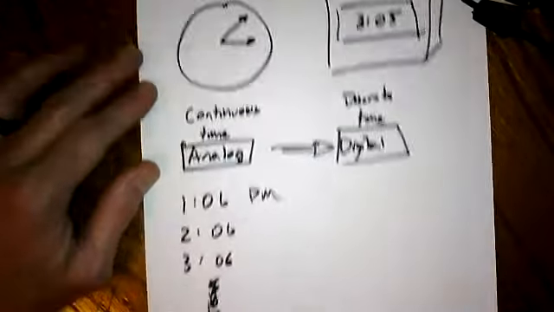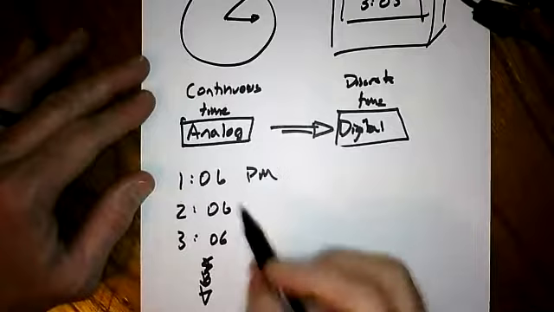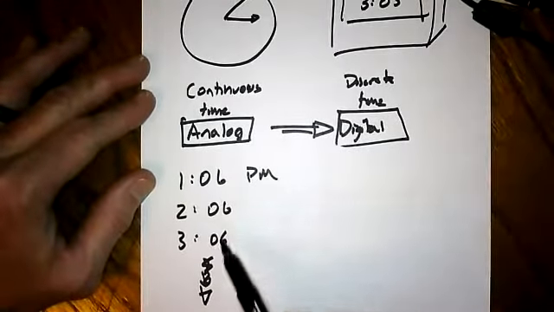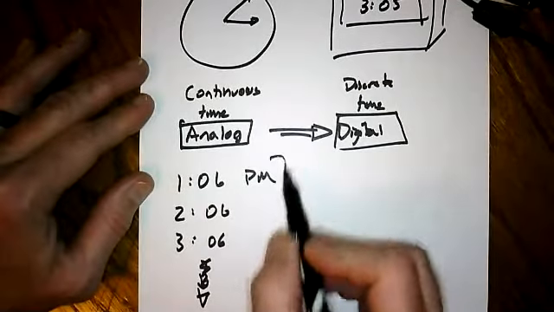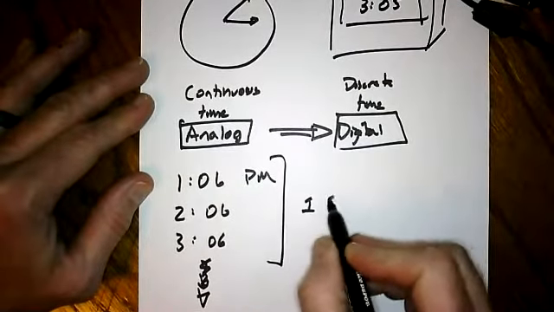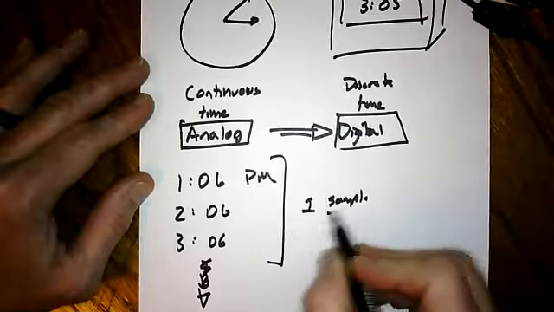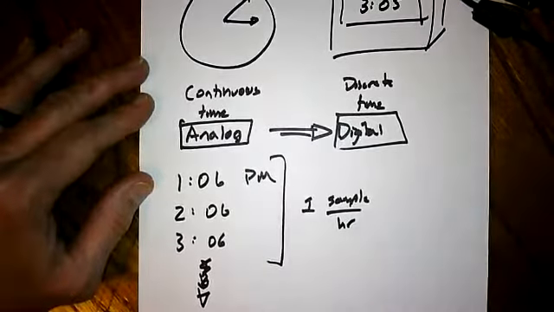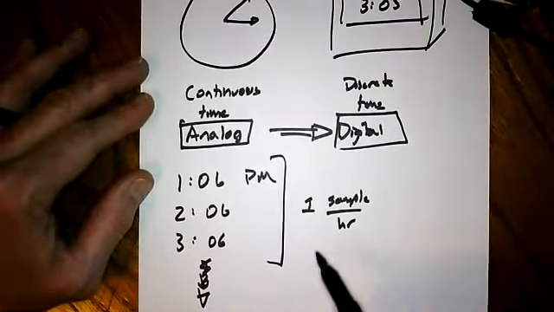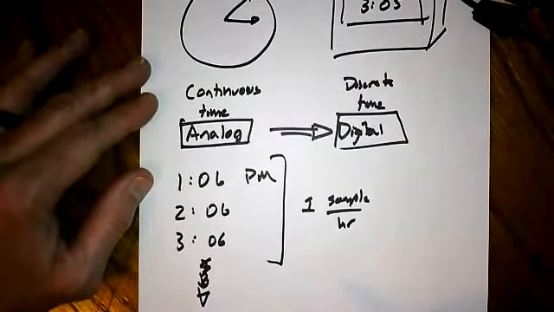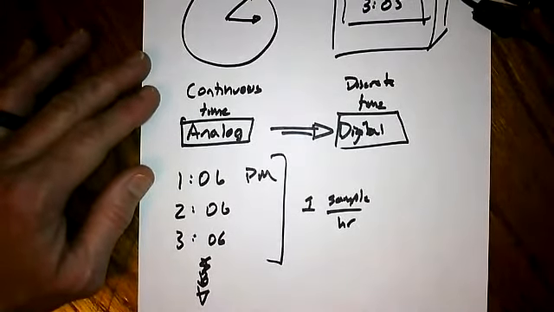That's supposed to be a squiggly line. That's all the digital data I was able to get by using a sample rate of 1 sample every hour. Now I'd have to convert that over to hertz, so I'd divide by 60, so 1/60th of a hertz. It's not a high sample rate, okay?